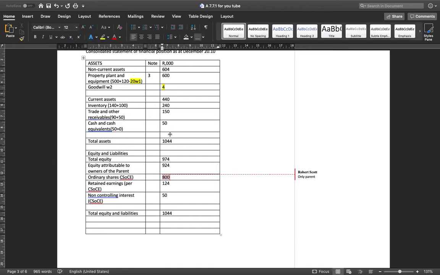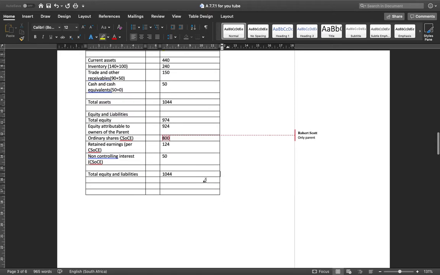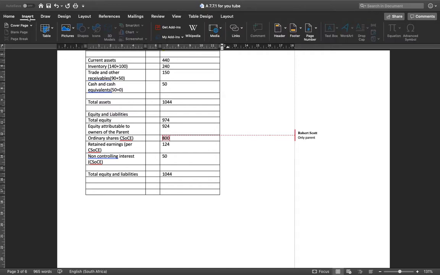Get that analysis done, move on to your statement of changes, and then do your statement of financial position. But remembering that you can still go and put a number into your statement of financial position even if you're working on the statement of profit or loss. It's practice that actually gets these things right.